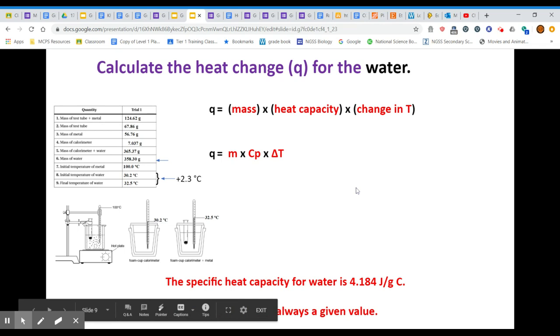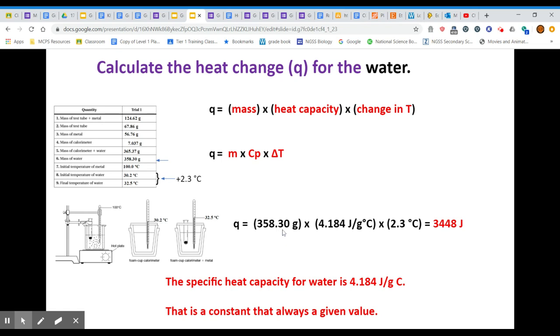We plug in these values: the mass being 358.30 grams times 4.184 joules per gram degree Celsius for water, times the change in temperature, the final minus the initial for the water, and we calculate the Q for the water being 3,448 joules. Remember, the unit for Q is the joule, the uppercase J.